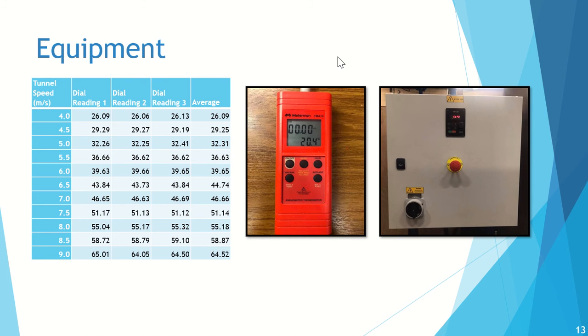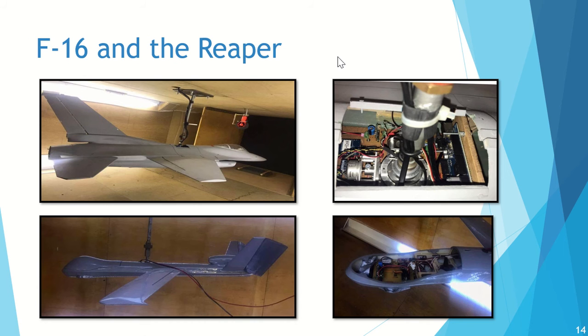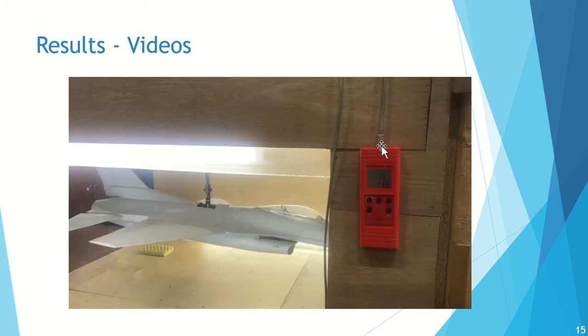You've got different ways of controlling the tunnel speed. I think we'll be using a slightly different wind tunnel, but this is what the F16 looks like in the tunnel here, and it's connected by a little gimbal here, and that can measure the pitch angle and the roll angle. This is a separate plane, but we're just going to concentrate on the F16 for this project.